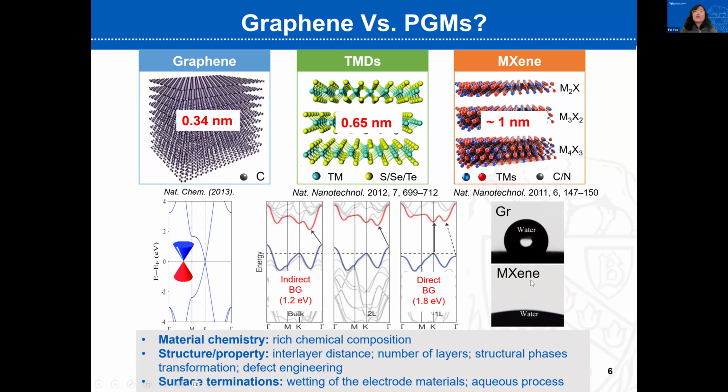Such a property makes this material very good to be processed in aqueous solution, and also advances the wettability of the electrode material, which is actually very important for electrochemical applications.